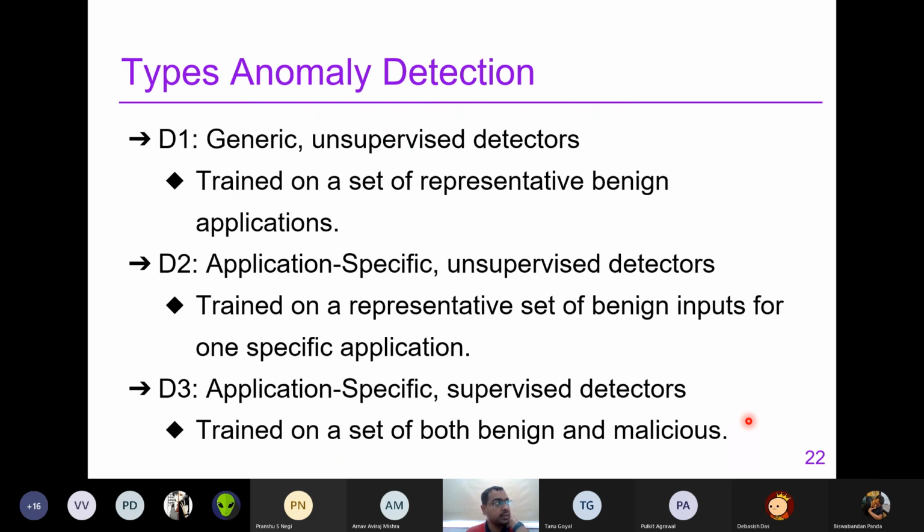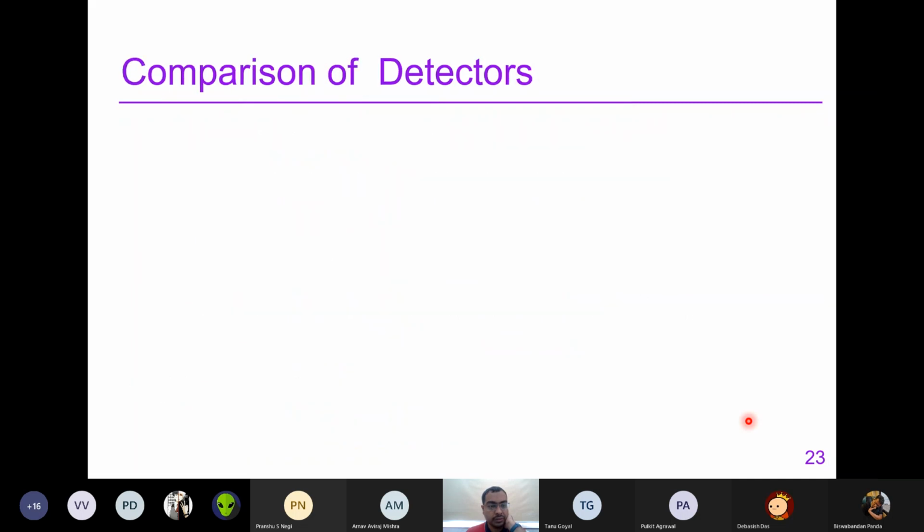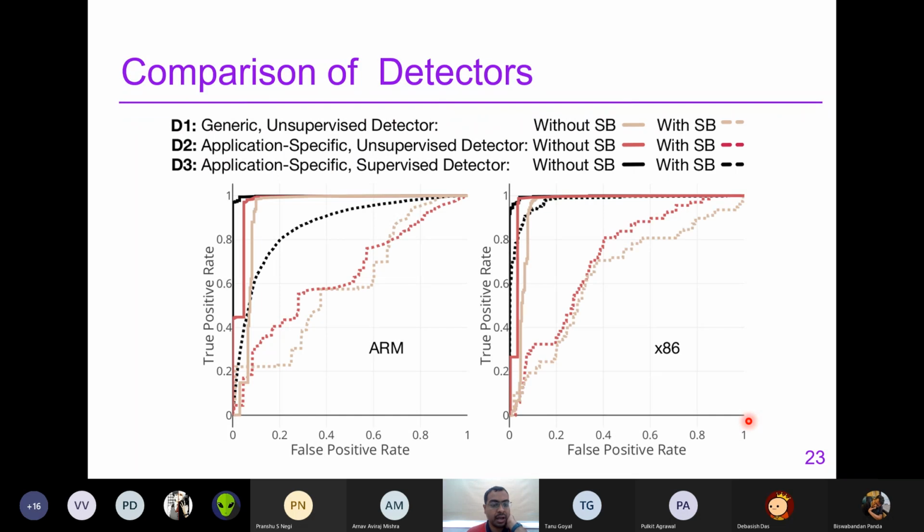The last one is capable of detecting more different kinds of attacks. Now a comparison of different kinds of detectors. Here we have a graph called ROC, which shows how the true positive rate and false positive rate vary as we change the threshold for different detectors.